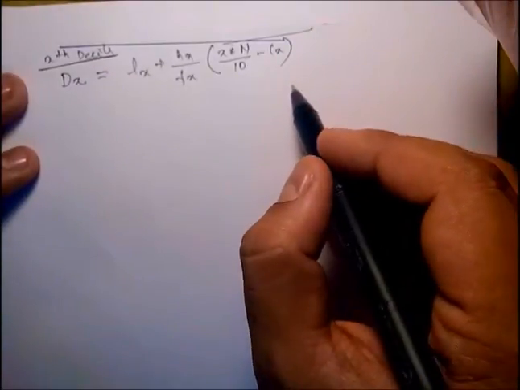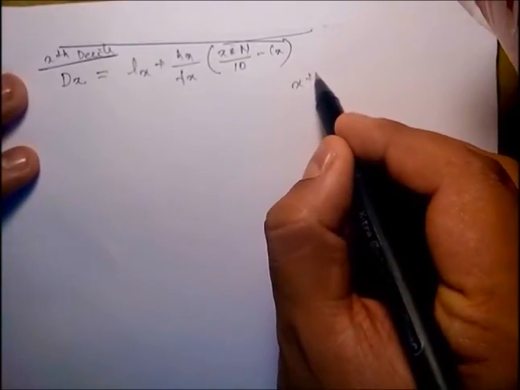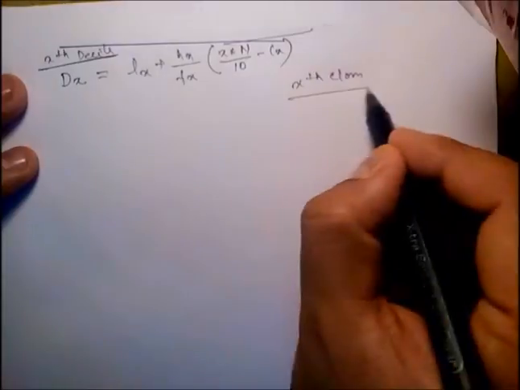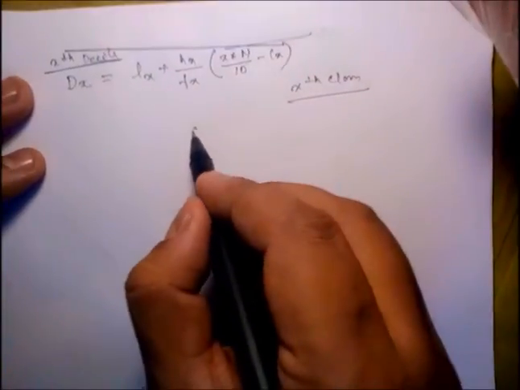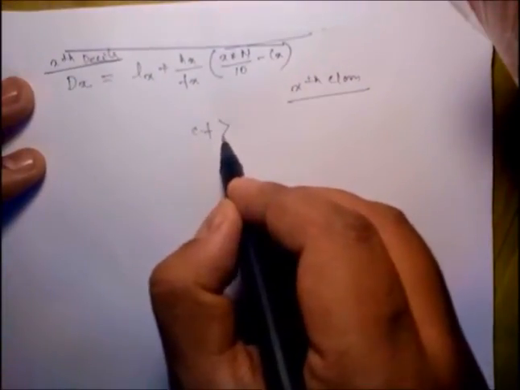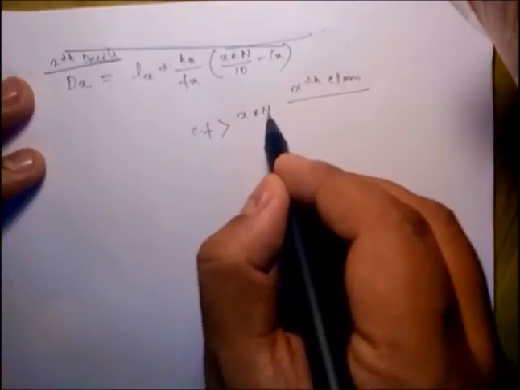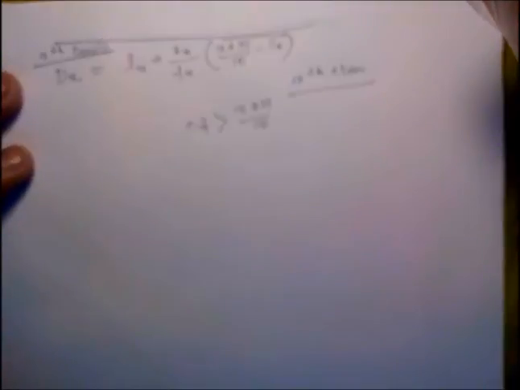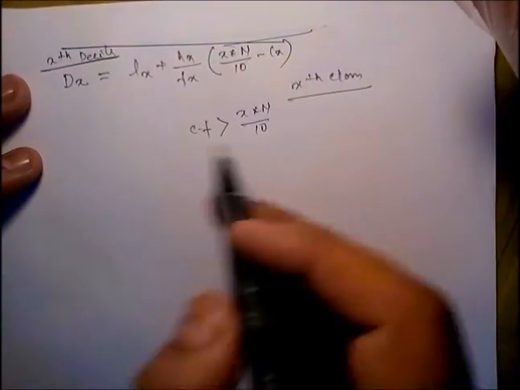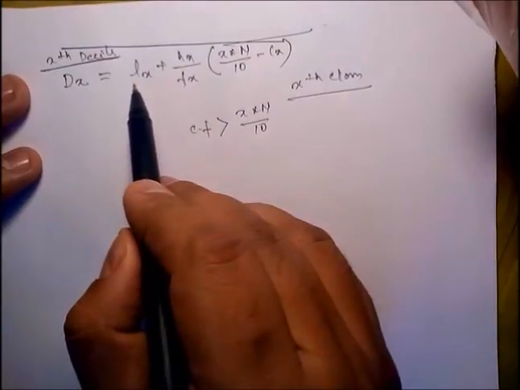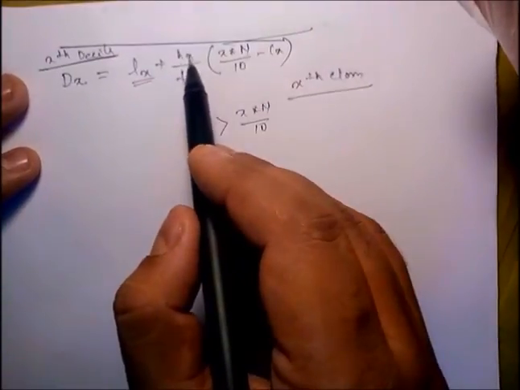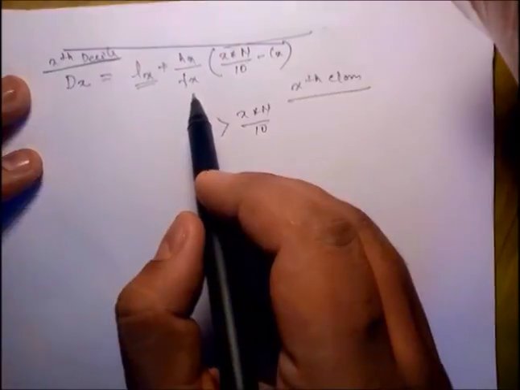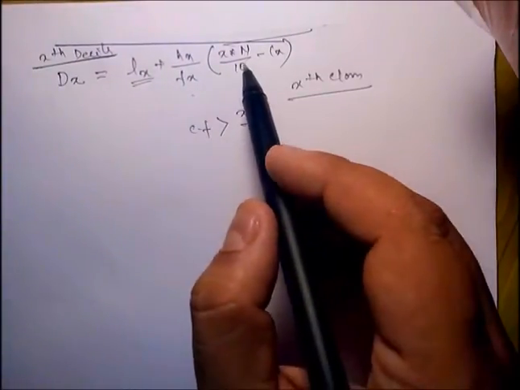First of all we have to identify the xth class. So how to identify the xth class? Identify the cumulative frequency just more than x into n by 10. From that easily you can calculate the lower limit of the xth class. Hx is the class interval, Fx is the frequency of that particular class.